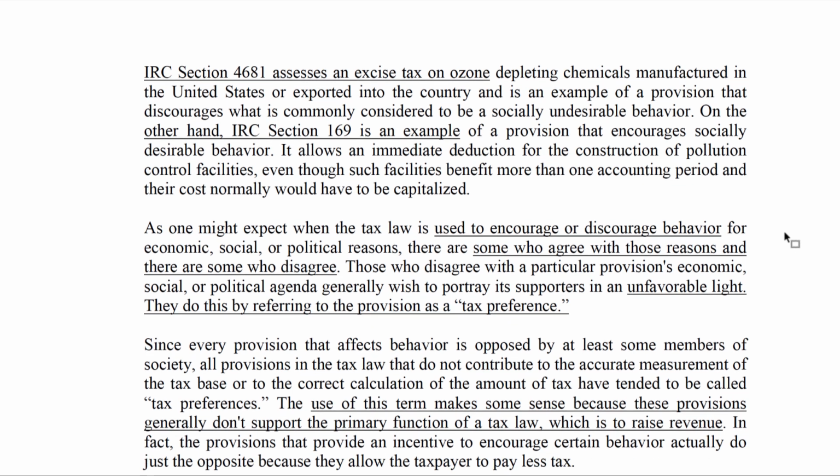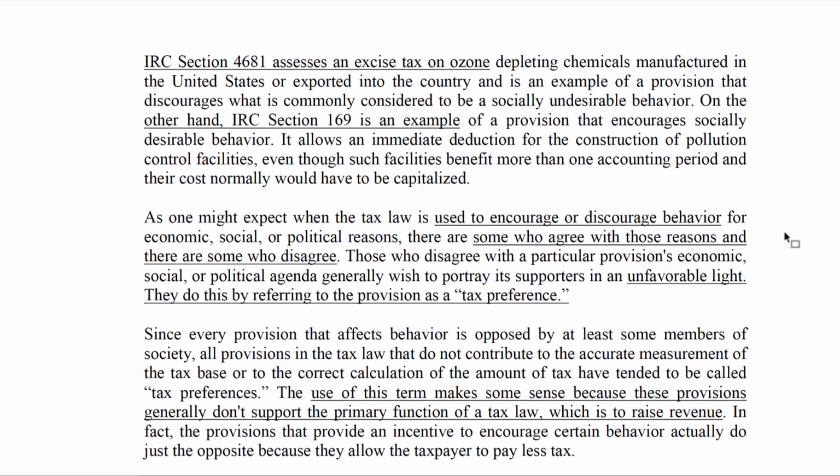So I have an example here of Section 4681, which assesses an excise tax on ozone, so you actually have to pay more when you're violating the ozone, violating the environment. But IRC Section 169, so Tax Code Section 169, is an example of a provision that encourages socially desirable behavior because it allows for immediate deduction of construction of pollution control facilities, which help the environment by not allowing these harmful items, chemicals and whatnot to kill the ozone and whatnot.